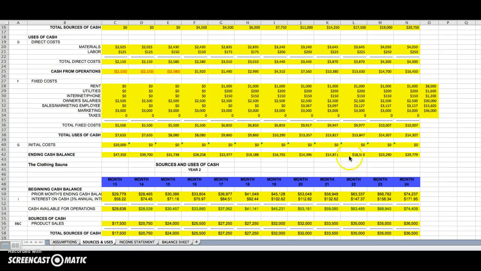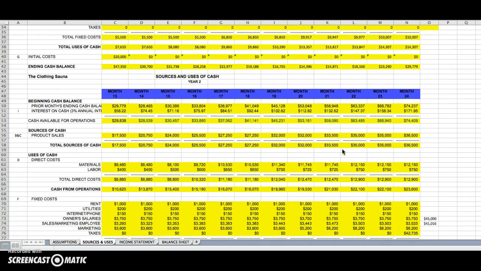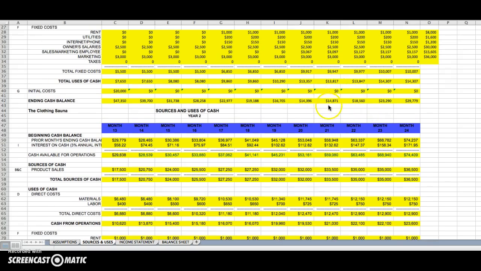But by month nine is when we start to see the increases go back up. Once we start seeing that profit and the business is growing, that's when we see the ending cash balance start to go back up. And as you can see, the remaining 4 months, it does continue to increase.